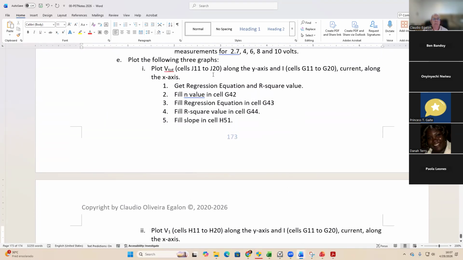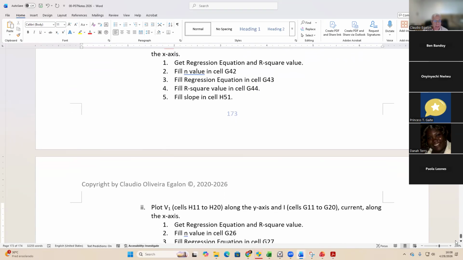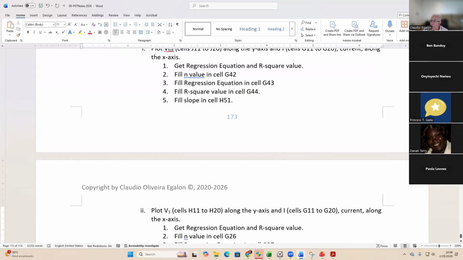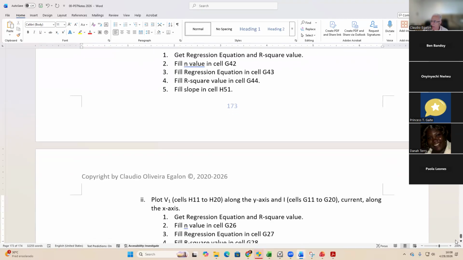Here you go. J11 to J20. Okay. V total is J11 to J20, right? V1 is H, and V2 is I. The cells for the current don't change, they remain the same. Okay.